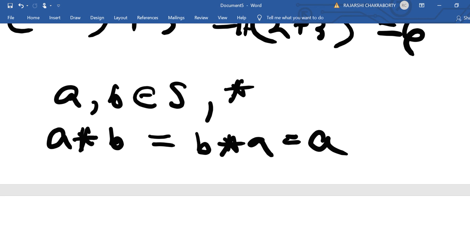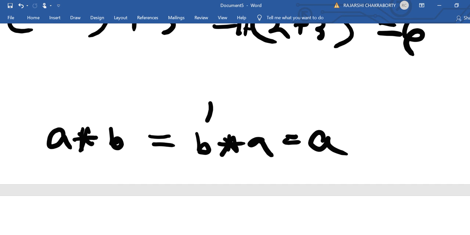Or I would rephrase the definition in a different way.